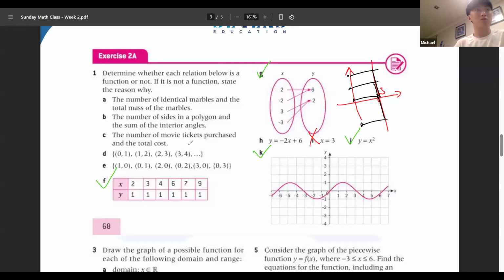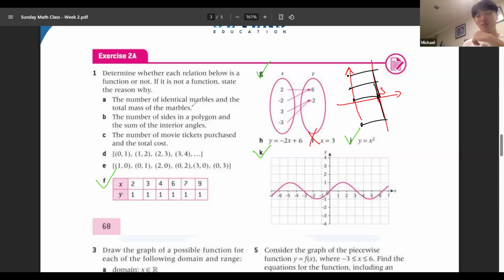Let's do some trickier ones. The number of movie tickets purchased and the total cost. Yes. Why? Because each one you buy adds more money.